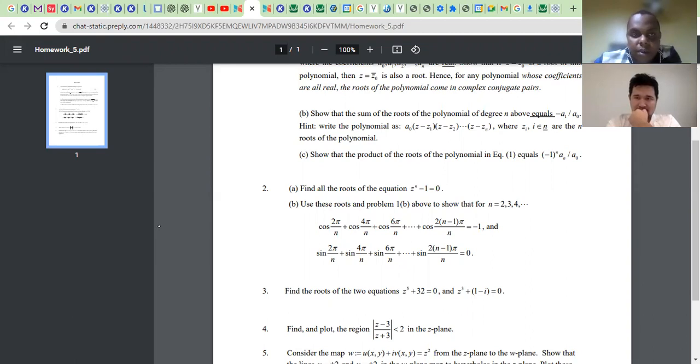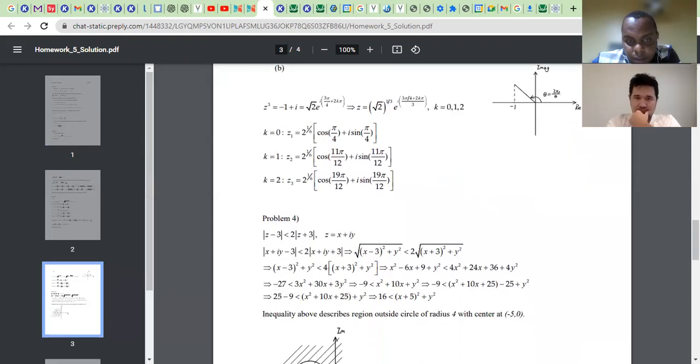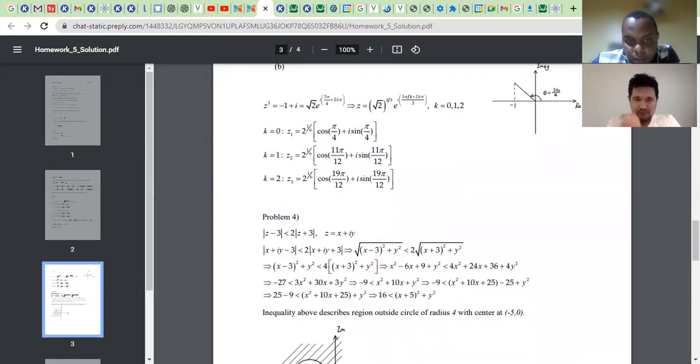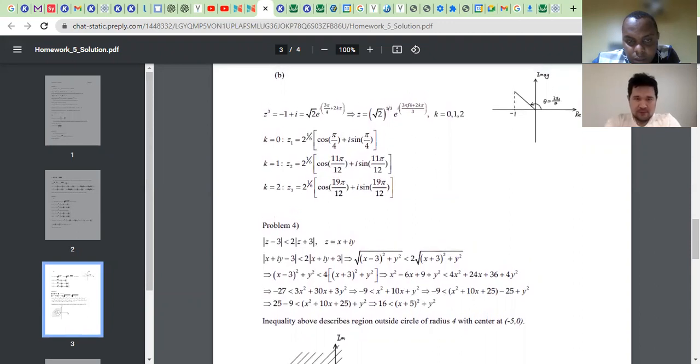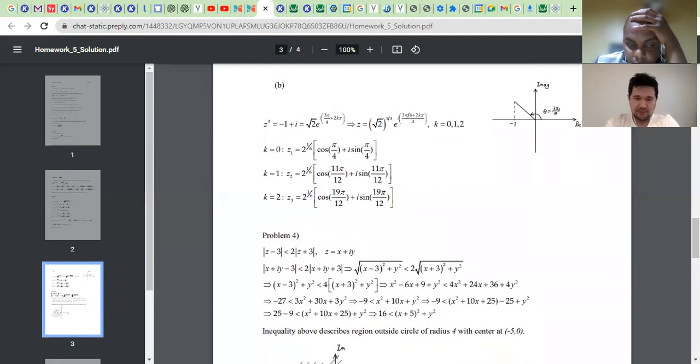So how did they plot it? Let's see. |Z minus 3| less than 2 times |Z plus 3|, with Z equals X plus iY, so X plus iY minus 3 and X plus iY plus 3.